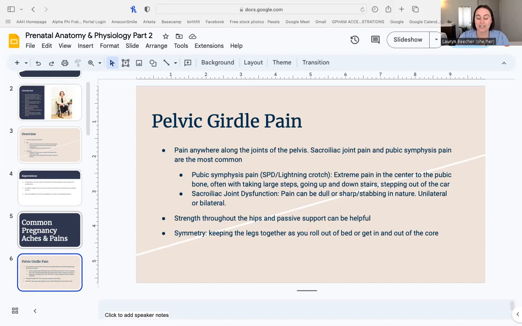So this can be things like really tight adductors, really tight inner thigh muscles, an overactive pelvic floor, tense abdominal muscles, basically any of those muscle groups that attach to the front of the pelvis that we talked about in part 1 can be really big contributing factors here.